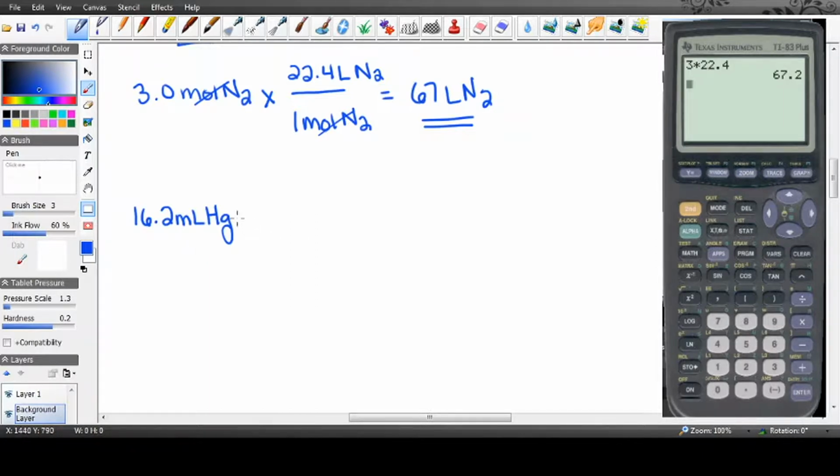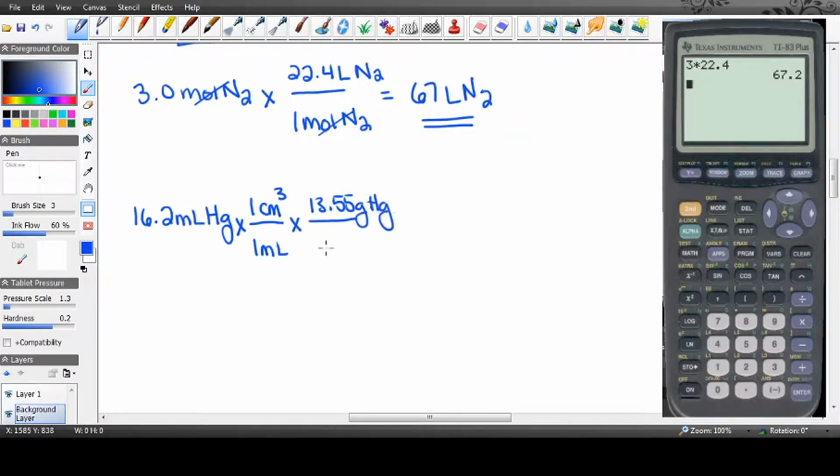In order to use the density of the mercury, I first have to convert from milliliters to centimeters cubed. And luckily, 1 milliliter is the same as 1 centimeter cubed. Now I can use my density, 13.55 grams of mercury.